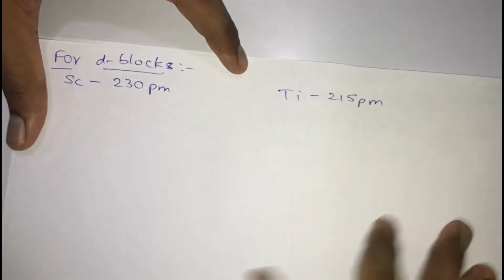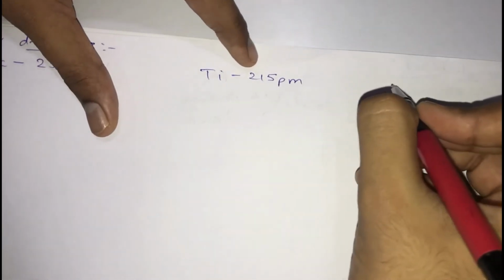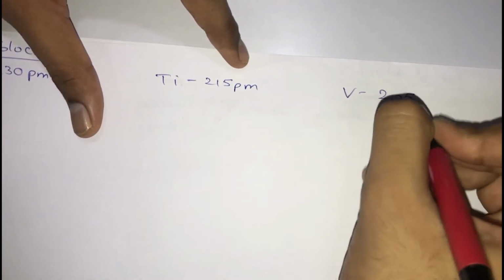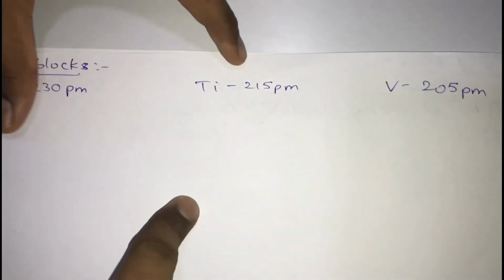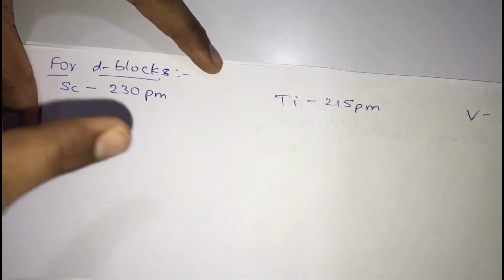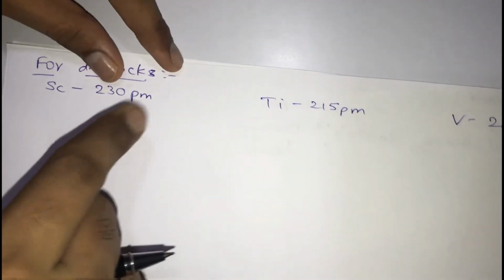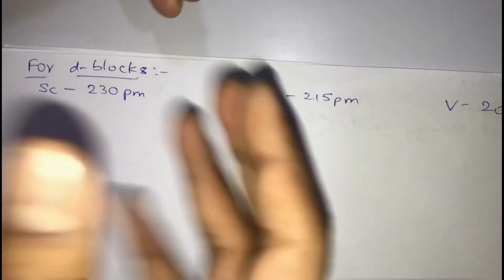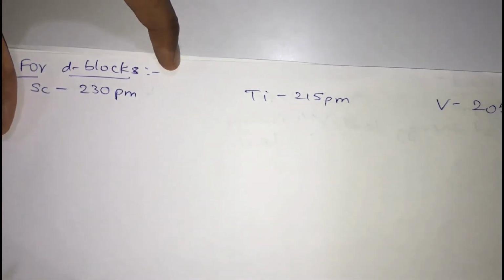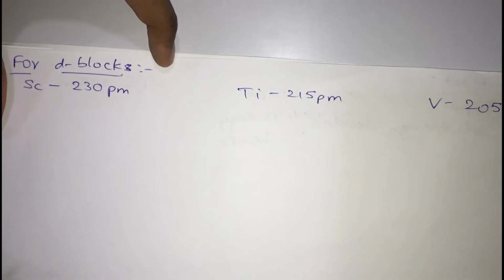The atomic radius of vanadium is 205 picometer. Now guys, if you observe one thing carefully over here, it is that the atomic radius is decreasing. Yes, it is decreasing as you are moving from left to right, but it is not decreasing drastically like the s block elements. It is decreasing in a very small amount.